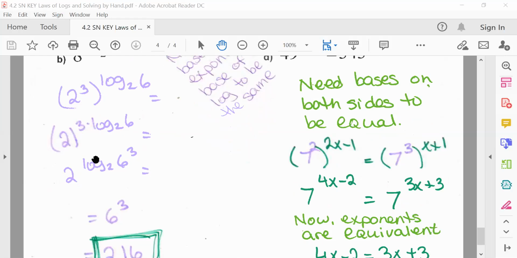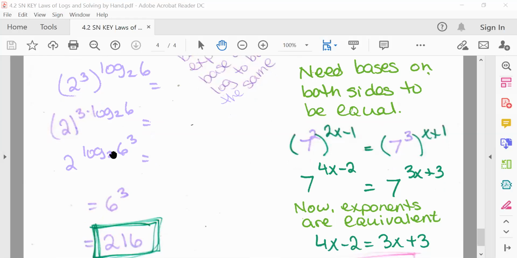Then the 3 coefficient in front of the log comes up and becomes the power on the 6. So 2 to the power of log base 2 of 6 to the third. That's a lot. This 2 is the base of the whole problem, and the log base is the 2 of 6 to the third. Good?